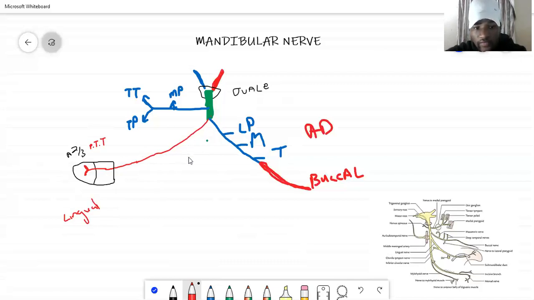So you'll have your inferior alveolar going that way, right? It will enter on the inner surface of the mandible, to be specific, the body of the mandible. It will enter the mandibular foramen, right? So if this is our mandibular foramen, it will enter the mandibular foramen.